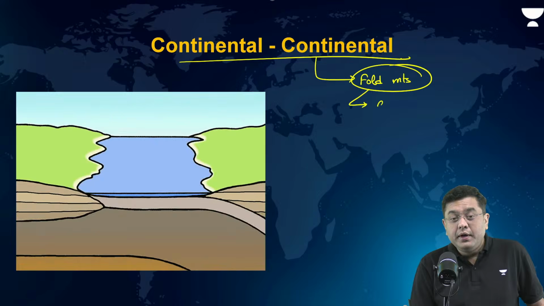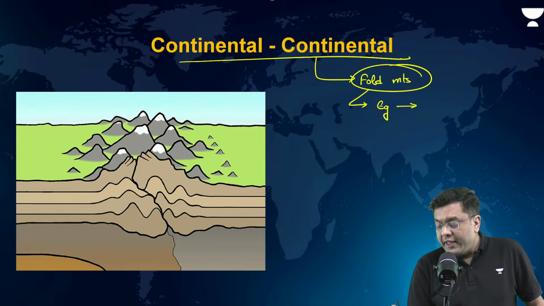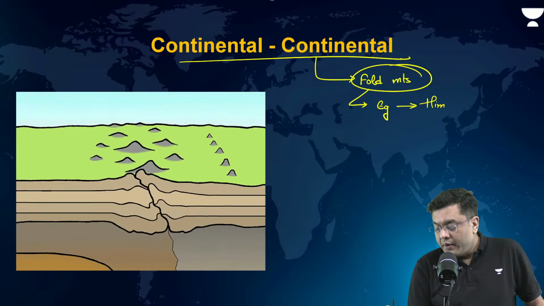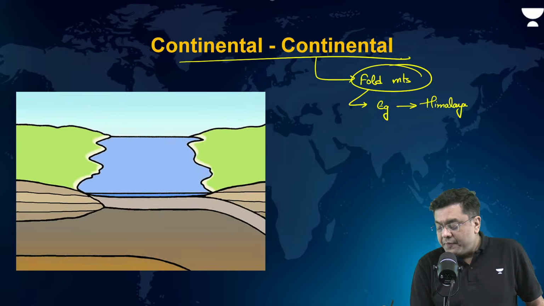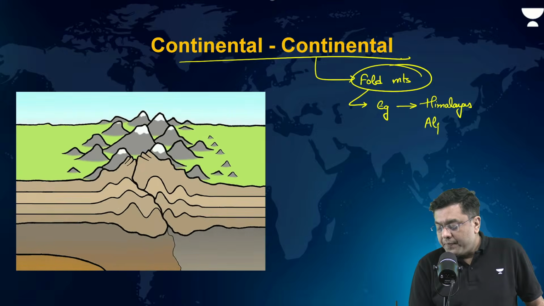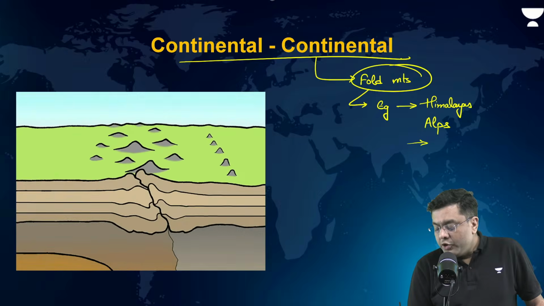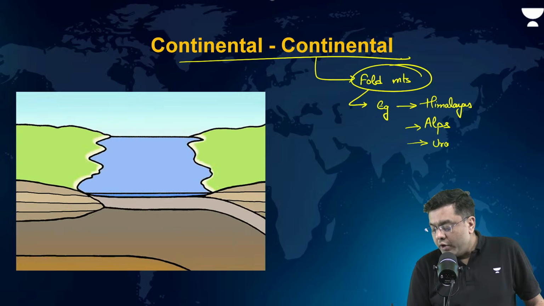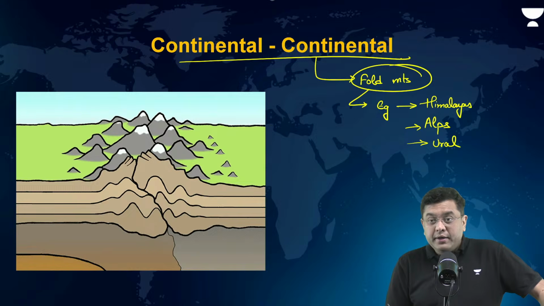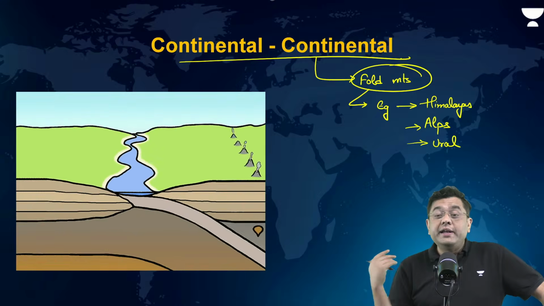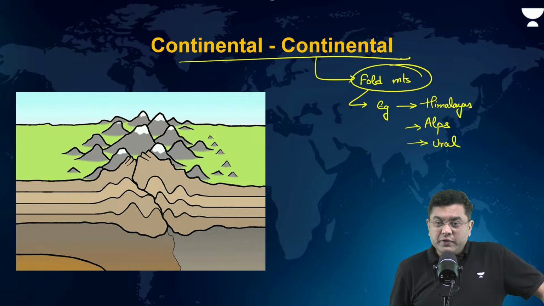Example, you will have the case of Himalayas, then Alps in Europe, then Ural, the old collision which happened, right? All these are continental convergences.